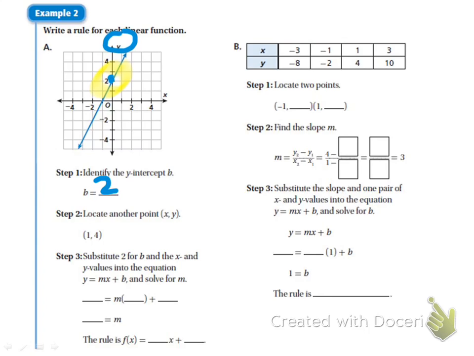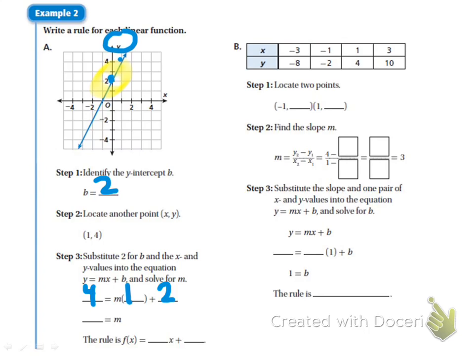Let's locate another point on the line. So they located 1, 4. Is that on my line? Yes, that's on my line. So now I'm going to substitute 2 for b and x and y values in the equation y equals mx plus b. So we have 2 for b, and then we have 1 for x, and we have 4 for y.